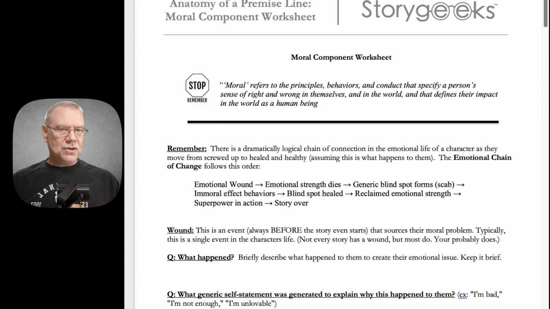The wounding event occurs. An emotional strength they think they had, they relied on, fails them. It dies in them. But it's a wound, so they've got to get a scab. They've got to put something on it because it's too painful. So they come up with some excuse about why this thing happened to them: I'm unlovable, I'm not enough, I'm a fraud, I'm weak, whatever.